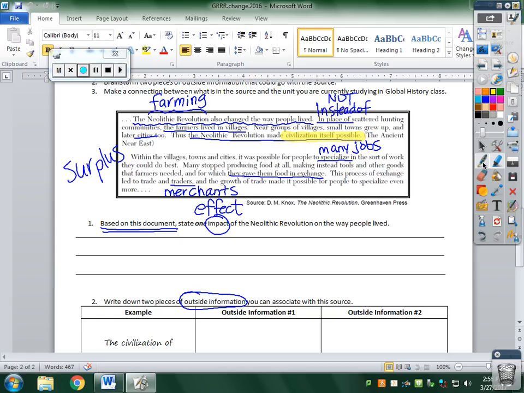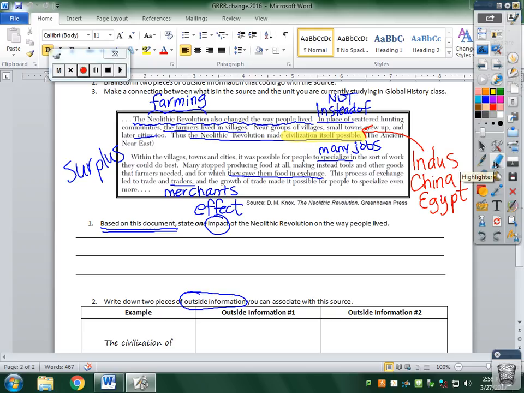So one of the things we can do for outside info is name specific examples of those civilizations. So your first example is Mesopotamia. Earlier, we looked at other places, including the Indus River Valley, China, and Egypt, where that civilization occurred. So you could give some details about one of those.